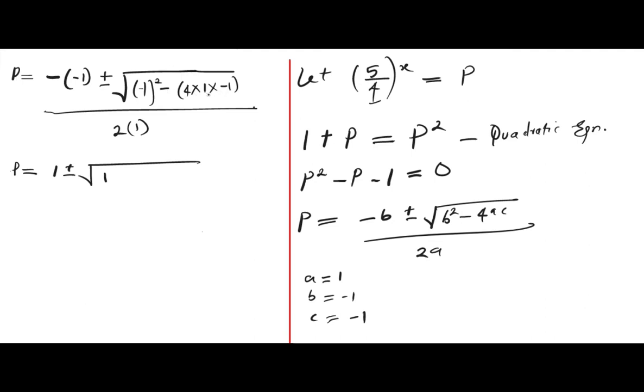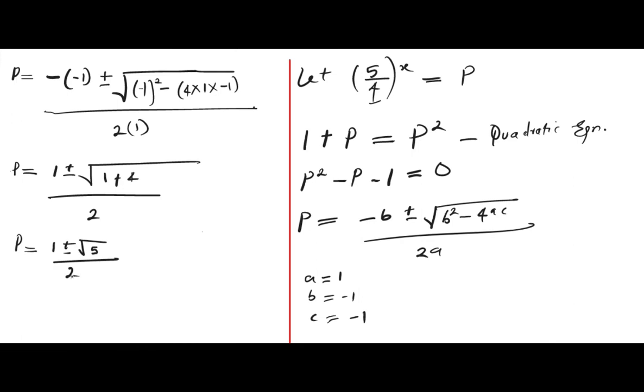This negative 4 times this negative, you're going to have plus 4, divided by 2 times 1, which is 2. So p equals 1 plus or minus the square root of 1 plus 4, which is 5, divided by 2.